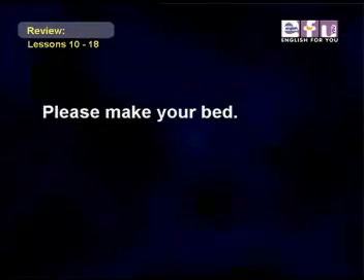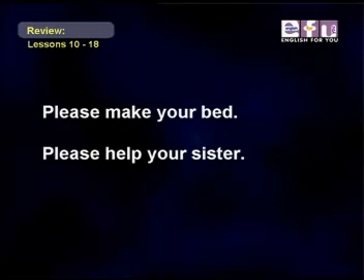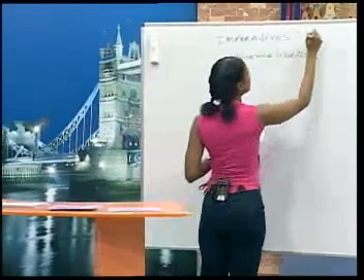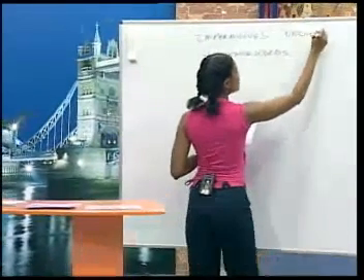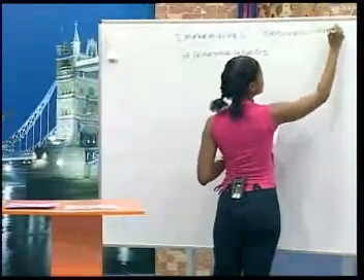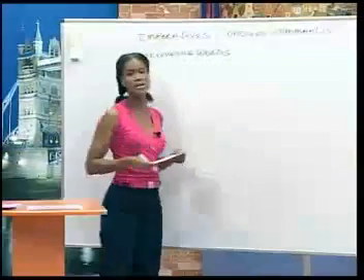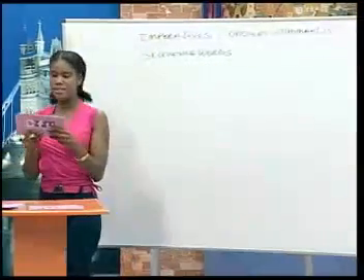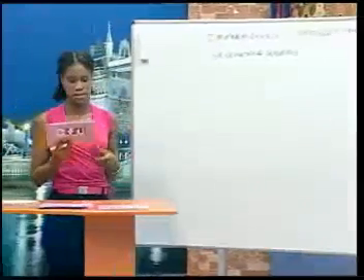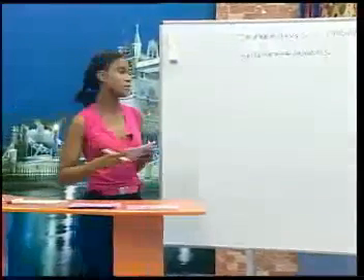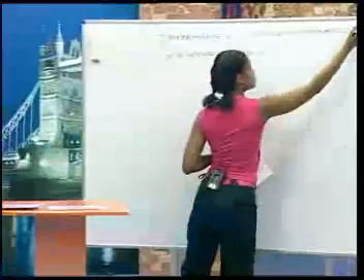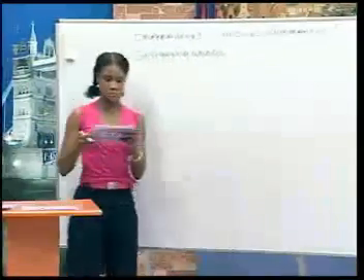Please make your bed. Please help your sister. So an imperative is an order or command, right? You're asking someone or telling someone to do something. It is something that must be done immediately, and it is often followed by an exclamation point.